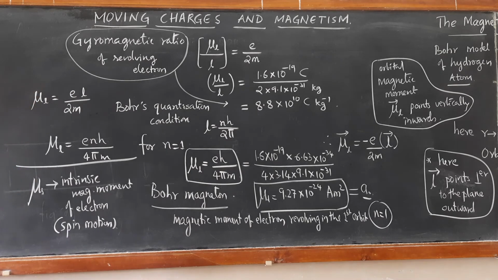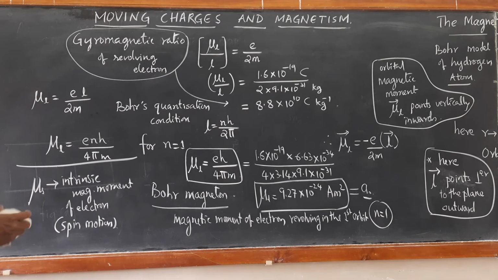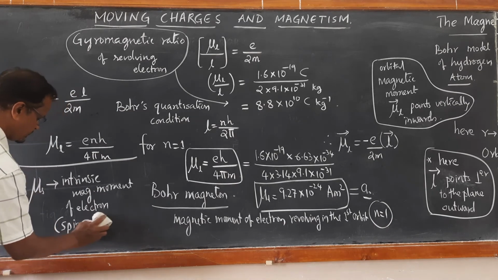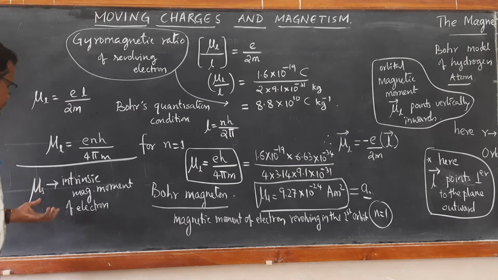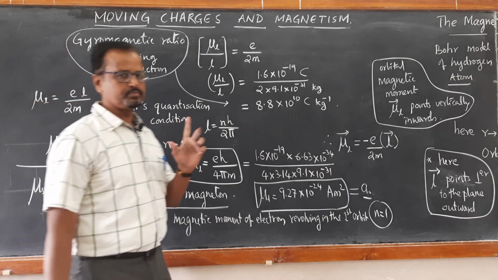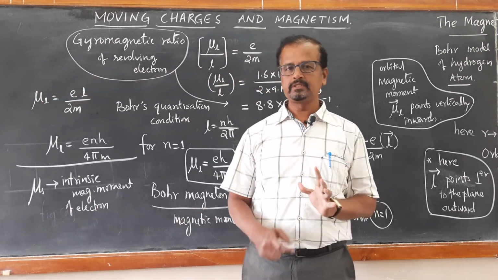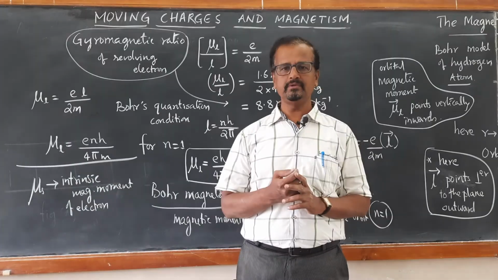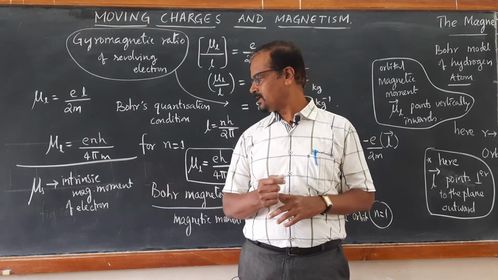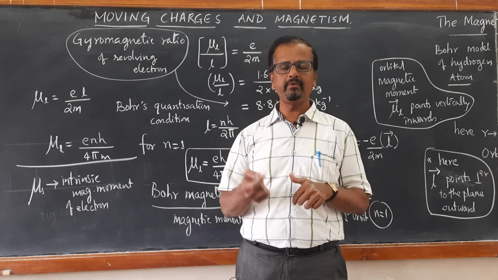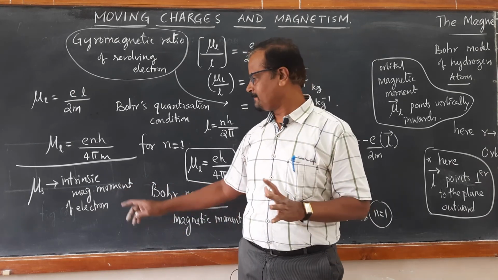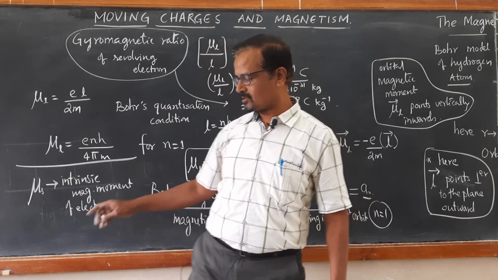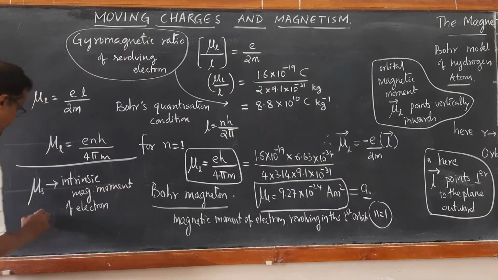Actually, the electron does not have spin motion like that of a rotating top. So it is spin up and spin down. I think you might have learned that spin up will have a positive spin moment, and spin down will have a negative magnetic moment. This intrinsic property of the electron is called the spin magnetic moment.